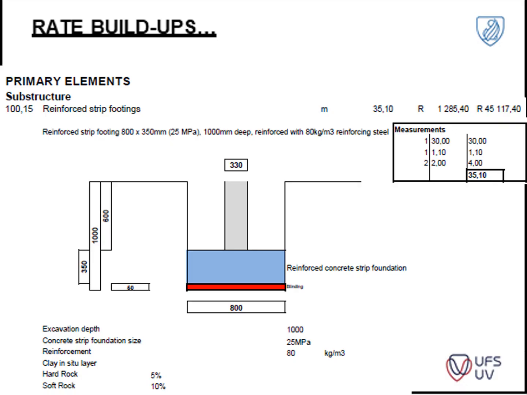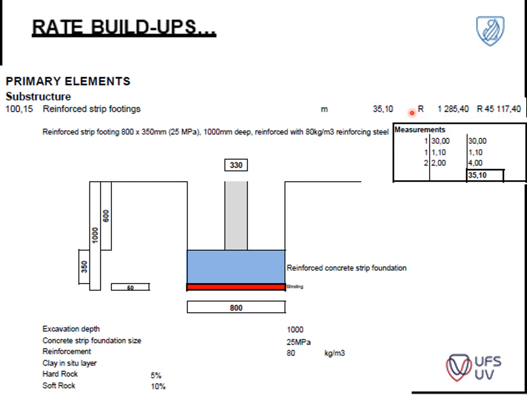Let's look at a practical example. In your elemental estimate, you will have your component reinforced strip footing. You measured it in meters, 35.10 meters, and you had a rate of 1,285 Rand and 40 cents to build up this rate.